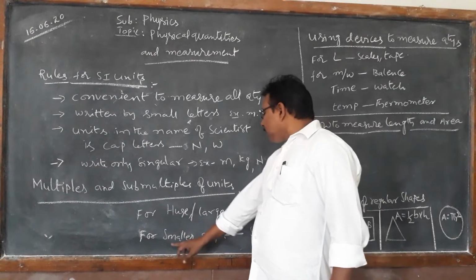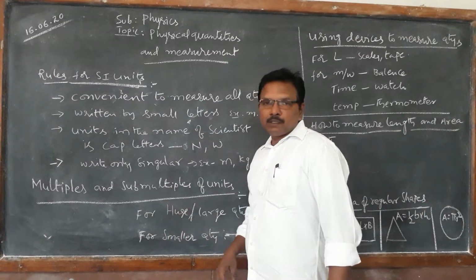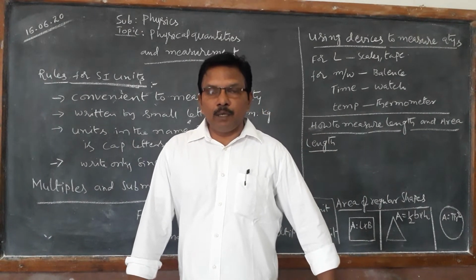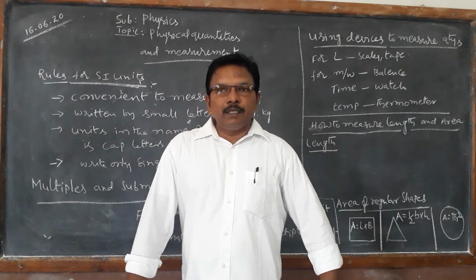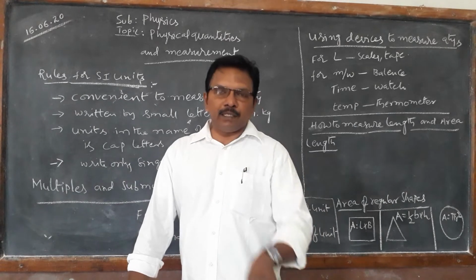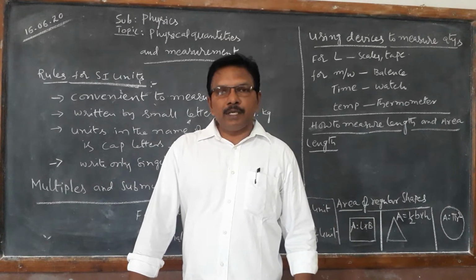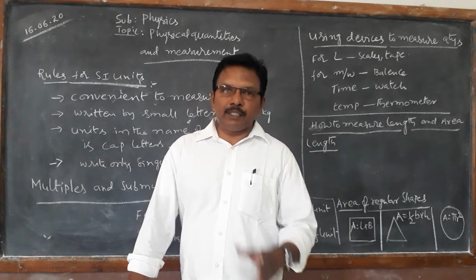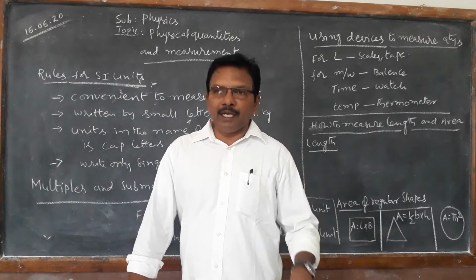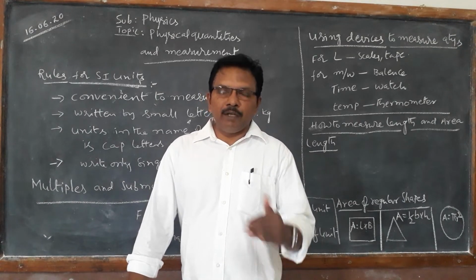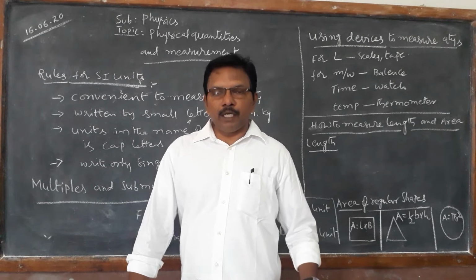Similarly, submultiples of units. What are submultiples? They express small quantities. For example, centimeter. Our SI unit for length is meter. Centimeter is a small quantity compared to the meter. So how can we express it? The meter divided by 100. 100 centimeters is a meter. Here we are dividing that SI unit, so that is called a submultiple.